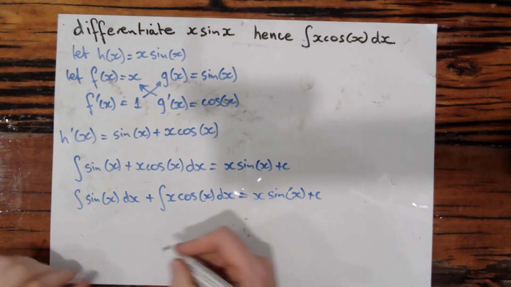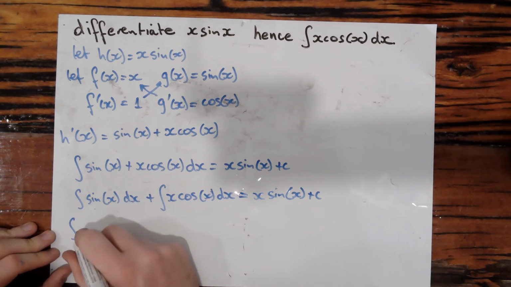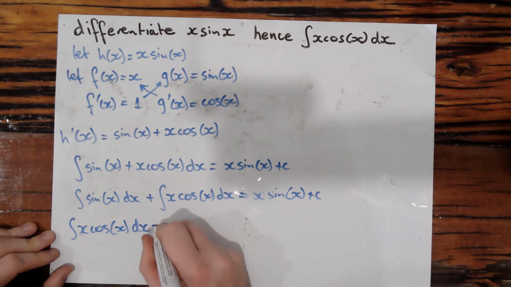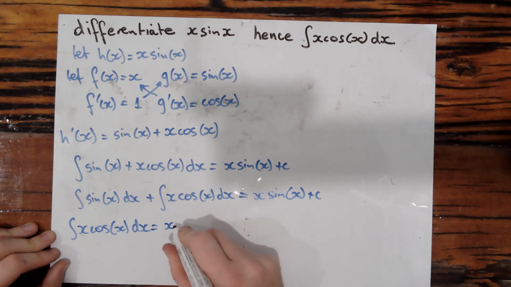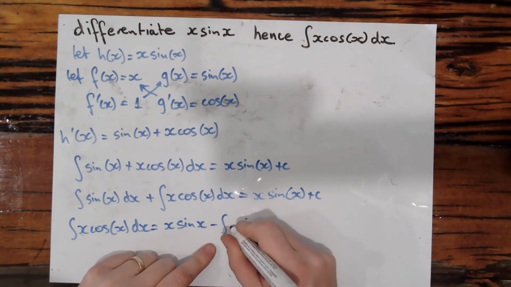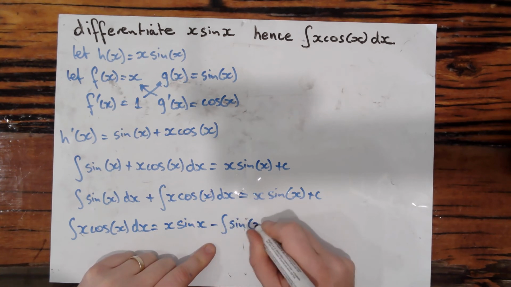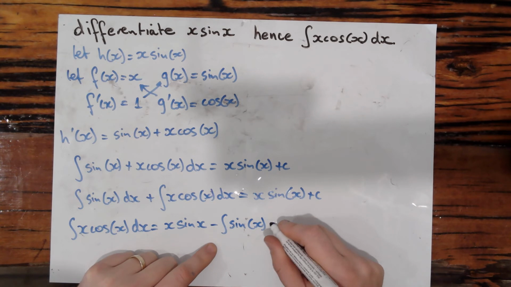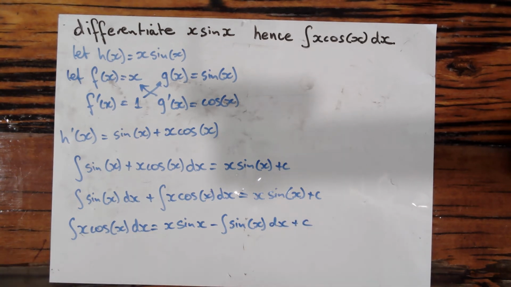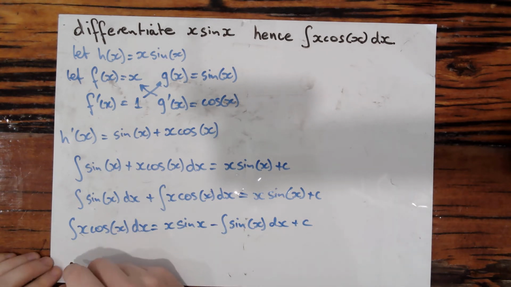So I've got to take this away. So now I've got x cos x dx equaling x sine x minus the integral of sine x dx plus the c. I've just left that c at the end because yes, we're going to get a constant from doing this as well, but we'll see what happens there.